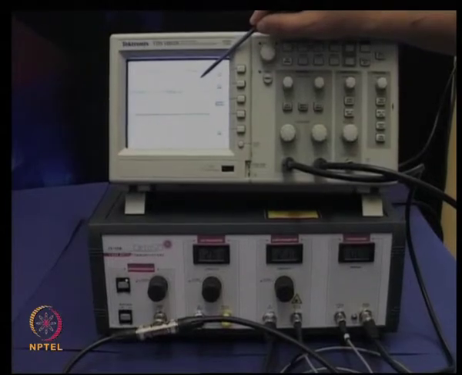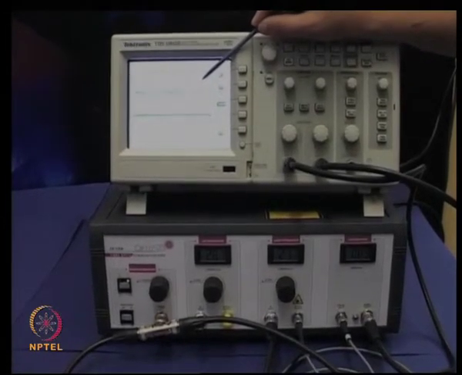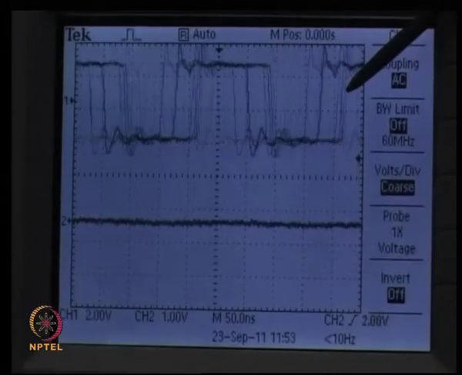Here you can see the channel 1, that is the waveform generator on the CRO.